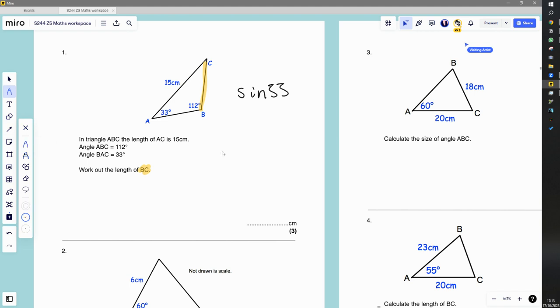So sine 33, and in fact we could do BC over sine 33 would be equal to 15 centimeters over sine 112. Now, they might try and catch you out with another question. They might not give you that angle, they might give you this angle. But remember, all angles in a triangle add up to 180, so you'd be able to work out the third angle anyway. So I'm not going to bother doing that, but you can probably see that we're going to work that out and multiply it by sine 33. That'll give you what BC is.